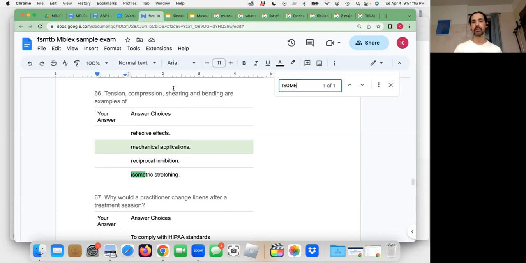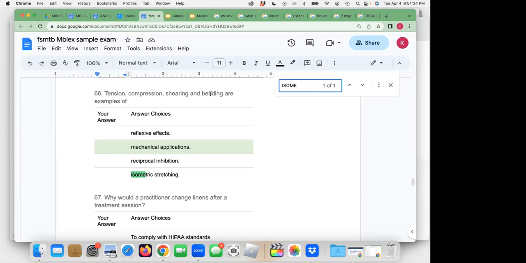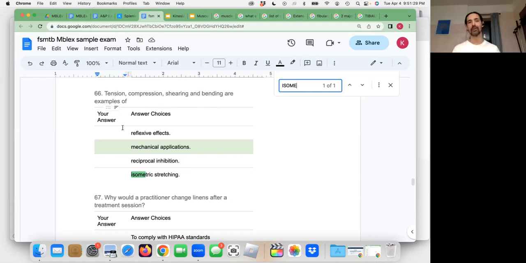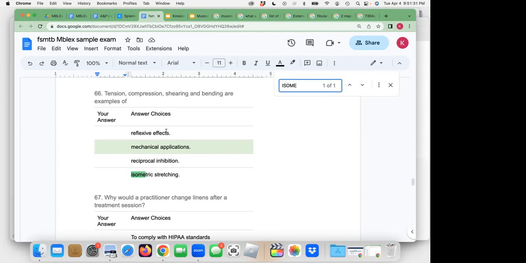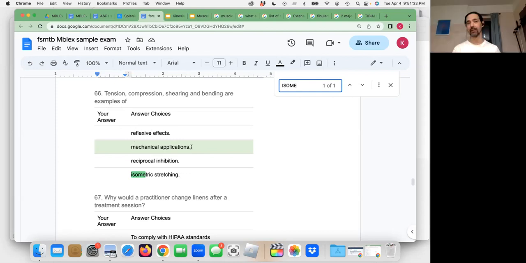Tension, compression, shearing, and bending. Those are hand techniques, right? Where you apply tension, apply compression, apply shearing, or you bend. Tension, compression, shearing, and bending are examples of what? Reflexive effects, mechanical applications, reciprocal inhibition, or isometric stretching? Which one?